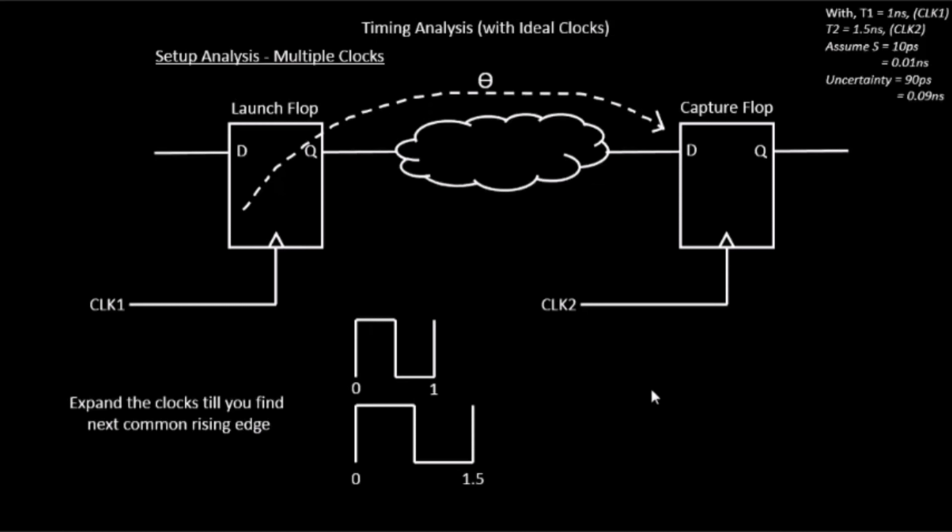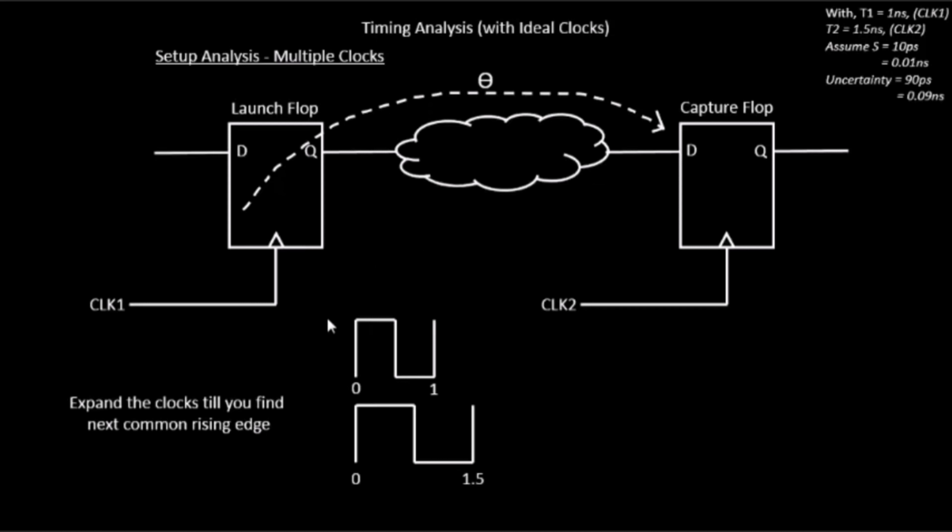So you need to find the next common rising edge. When a single clock goes across the flops, we didn't have that problem because the next rising edge was common to both of them.